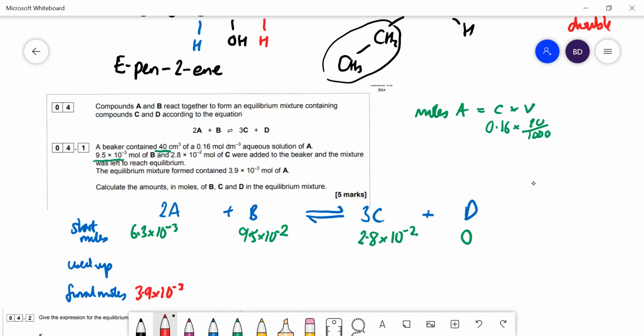We subtract 3.9 from this one here, and that is going to give us 2.5 times 10 to the minus 3.